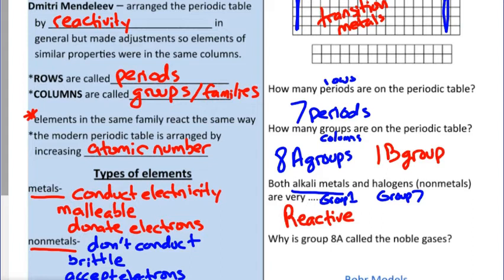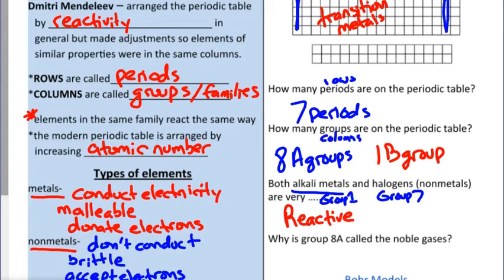Each of those 2 groups, elements, react very, very regularly with other elements, with water, with the air that they're exposed to. And it has a lot to do with what we're going to spend some time talking about in the rest of Unit 3. It has a lot to do with their atomic structure. Okay, so I'm going to talk about the next question, and then I'm going to pull up an image that'll give us an idea of why those elements are a little bit more reactive than others.